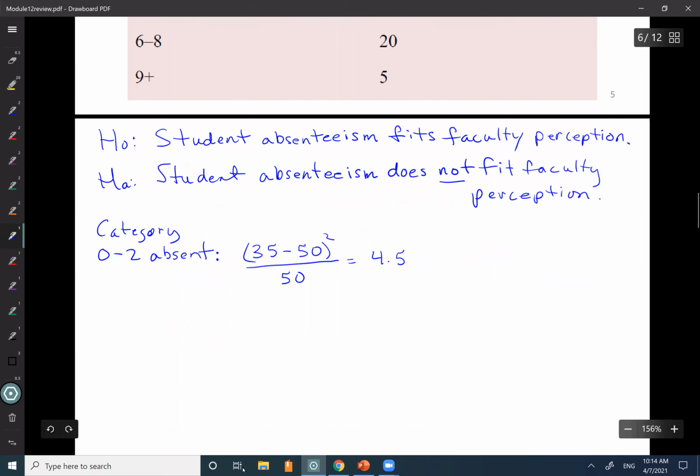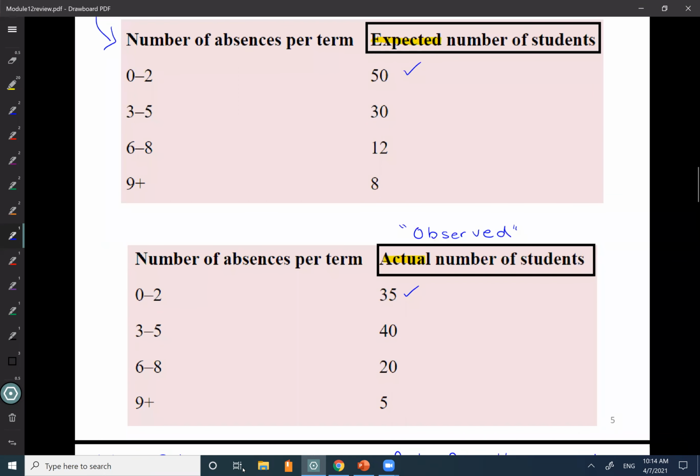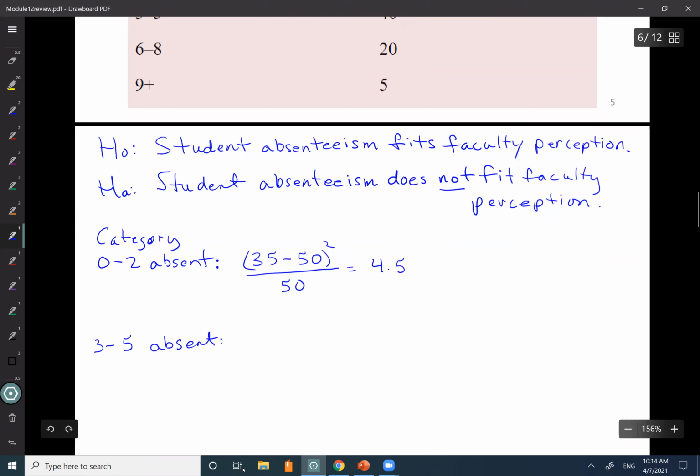We can then do the next category, 3 to 5 days absent. And we're going to get, well, we go up to our tables, and the observed is 40, but the expected was 30. So we'll find that contribution to the chi-square. 40, subtract 30, square it, divide by 30.